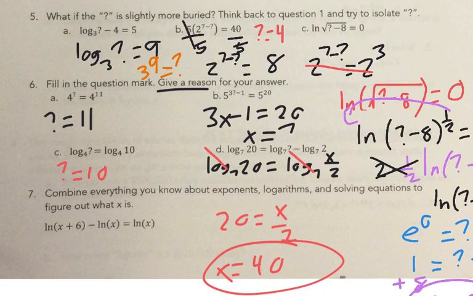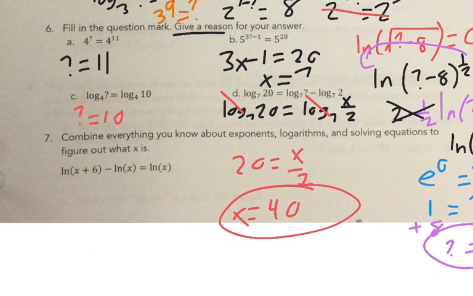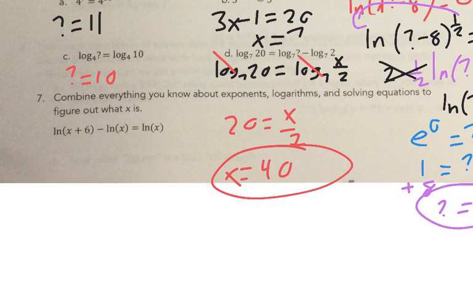Combine everything we know about exponents, logarithms, and solving equations to figure out what x is. Tell me what you think you should do. You can't drop the logs yet. Why is that not correct? On the left side, there's not a single logarithm.